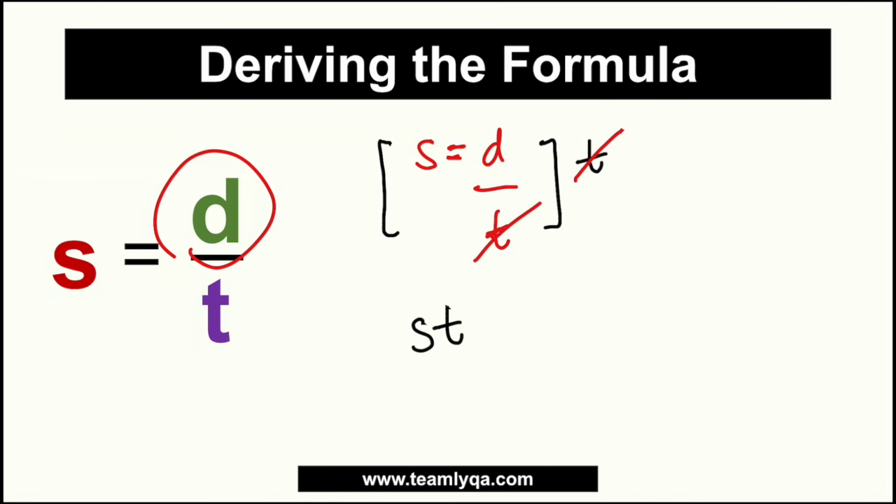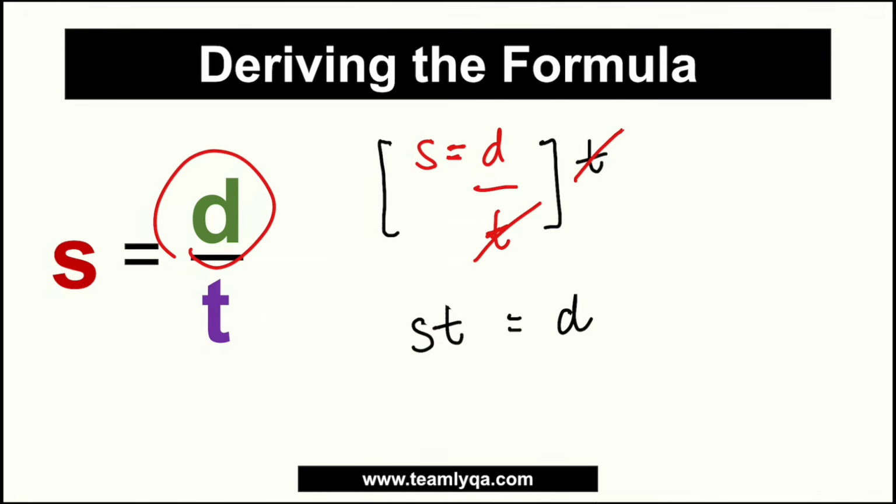Anong rules ito? Ito ay basics lang ng equality. If you already forgot about this, you can watch yung ating video lesson right here. Ililink ko na lang din sa taas para ma-refresh kayo. So, now that we have this, alam na natin, ang formula ngayon ng distance is basically speed times time.